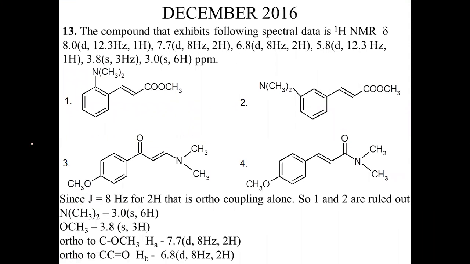And when you look at the options, straight away you can rule out option 1 and option 2. So you are left with option 3 and option 4. Now here, you have this one de-shielded and this is slightly de-shielded. Besides that, you have 1 proton, trans, that is 12.3 and here 12.3.